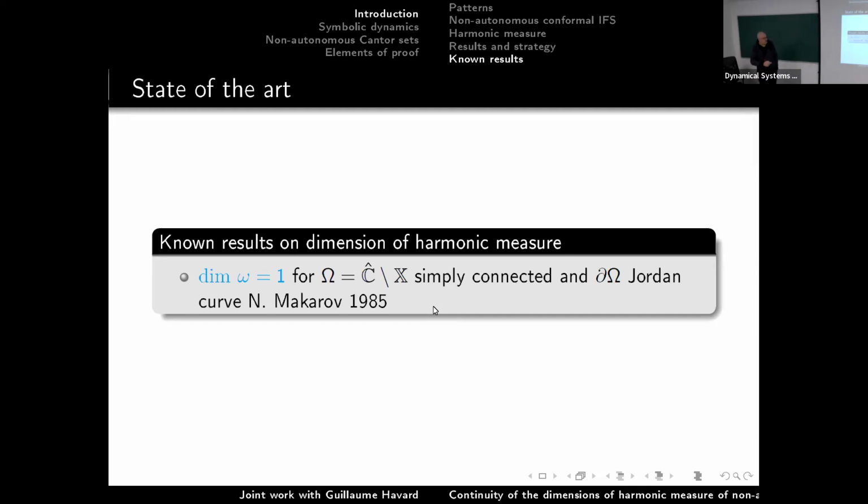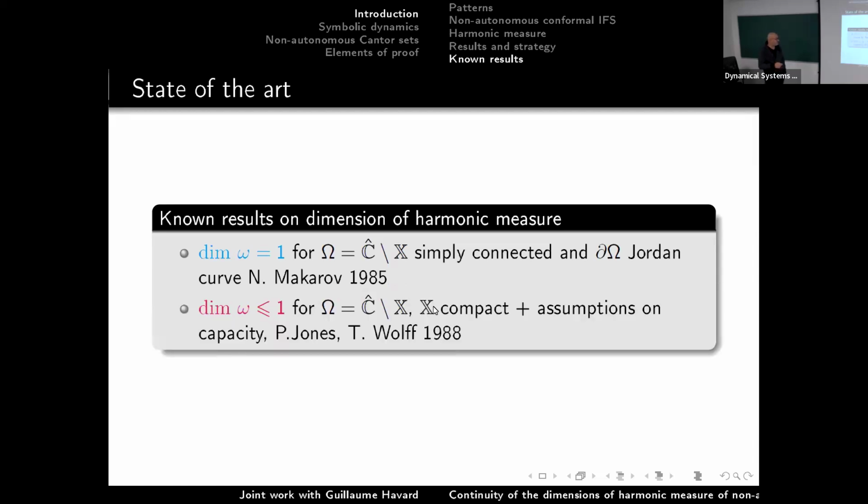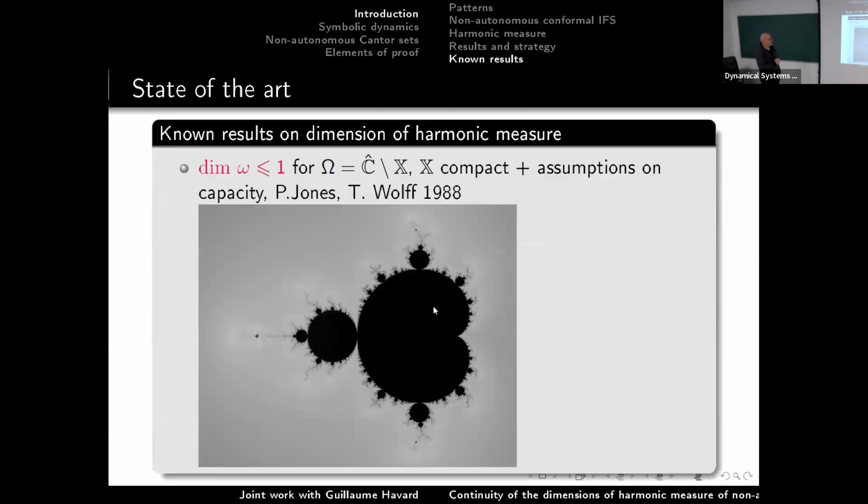So, what is known for harmonic measure, just to put the framework of the work: these are the classical results of Makarov, Peter Jones, and Thomas Wolff. The dimension is always smaller than or equal to 1, equal to 1 for simply connected sets.